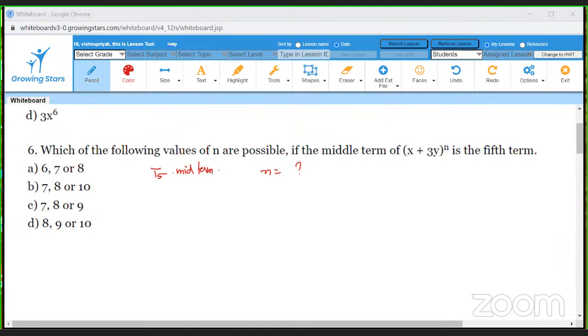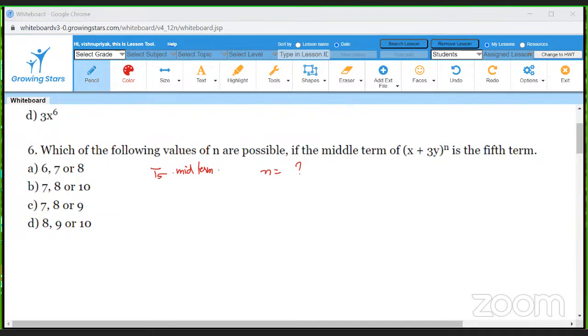n is the number of terms, and if it is even, then the middle term will be n by 2 plus 1.